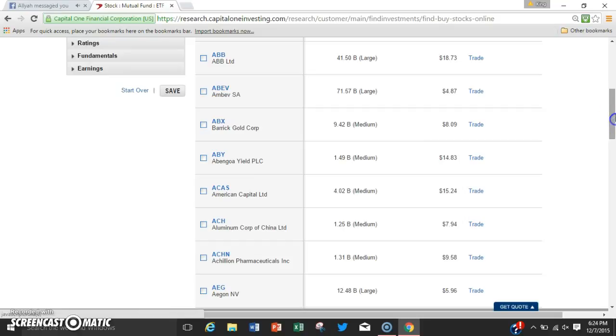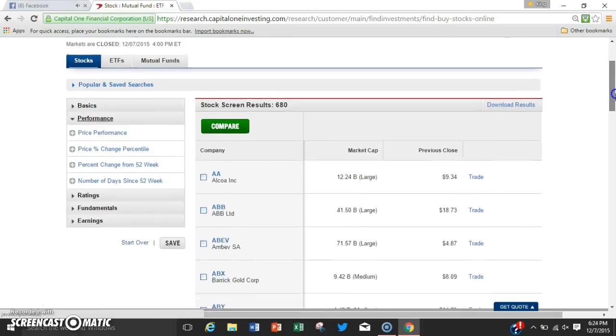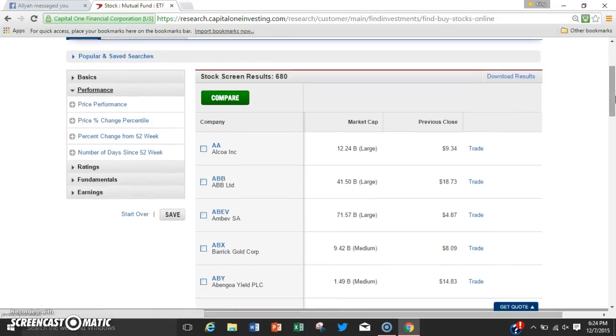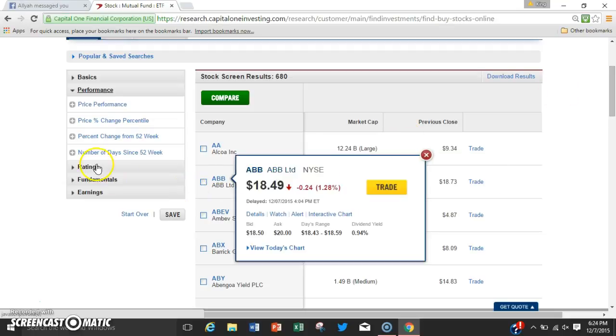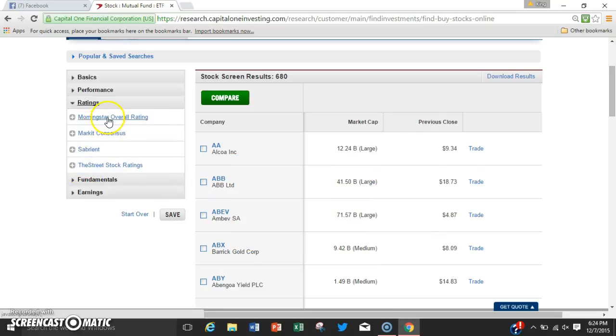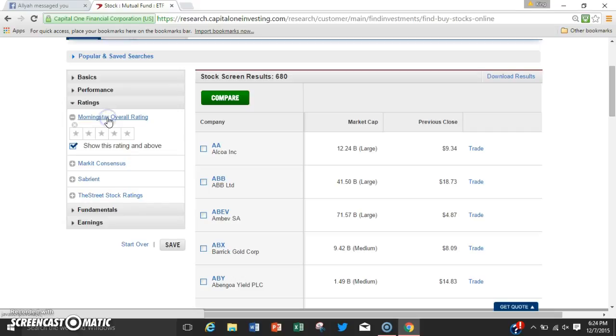Performance. These I don't really, I pay attention to, but in a different way. Ratings. I'll talk about ratings. So there's different analysts, and they usually give stocks different rates.